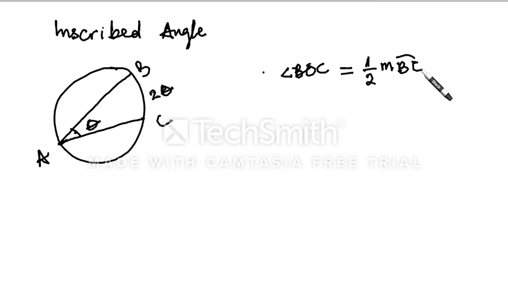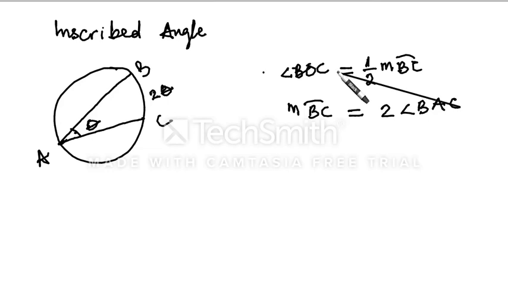This means that the measure of the arc BC will be equal to twice angle BAC. This place must be A, not O. So this is the point A, not O. Okay.